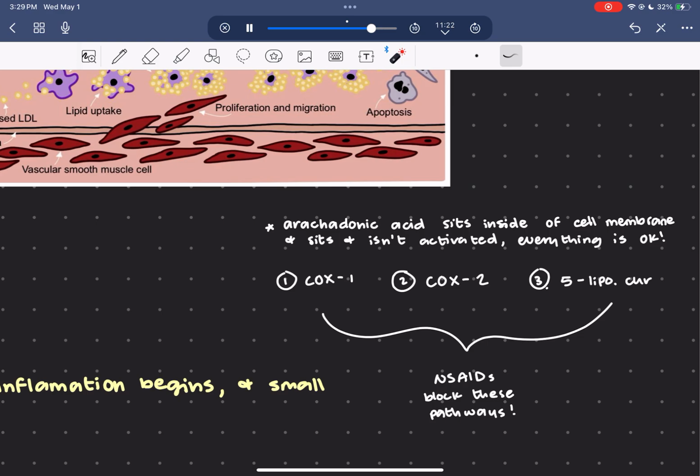These are our 3 main processes for inflammation to happen, where the arachidonic acid sits inside of the cell membrane, and if it isn't activated, everything's okay, but in this case, it is activated, causing inflammation to occur within one of these 3 processes. And in order to combat the inflammation, we can use drugs. Non-steroidal anti-inflammatory drugs can be used to block these pathways and to prevent inflammation.